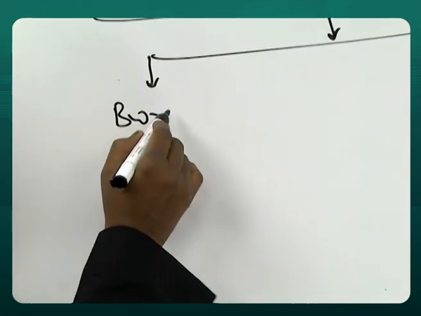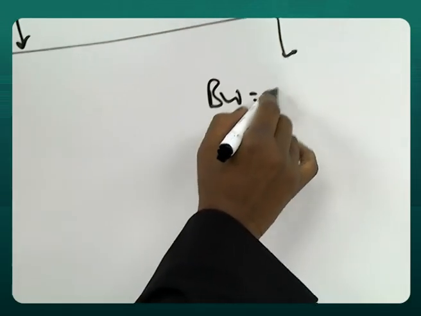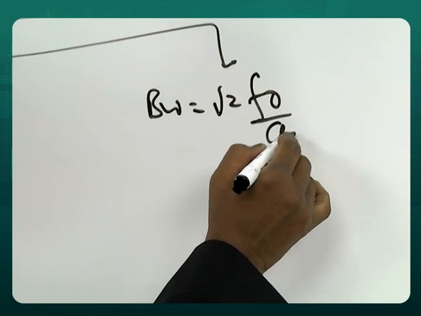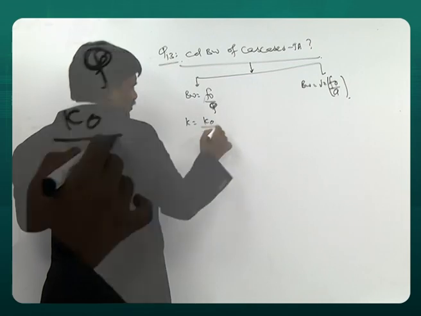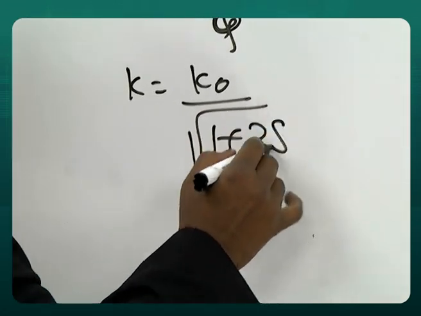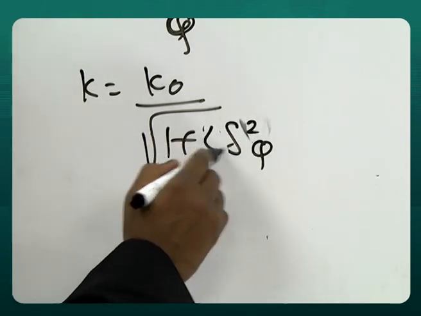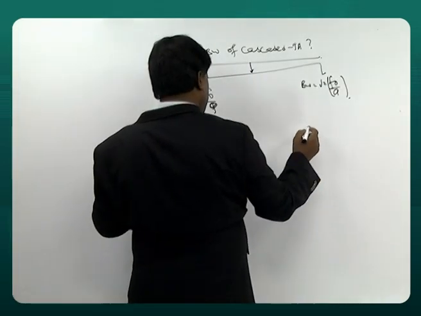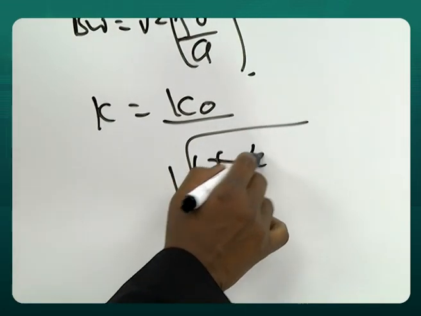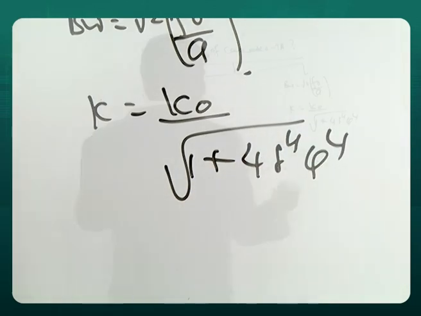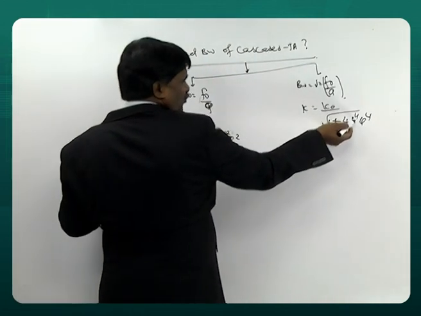In some cases, bandwidth is F0 by Q. In some cases, root 2 times F0 by Q. In some cases, K0 by root of 1 plus 4 delta square Q square. In some cases, 1 plus 4 delta power 4 Q power 4. Wherever square comes, this is; wherever power 4 comes, into root 2.